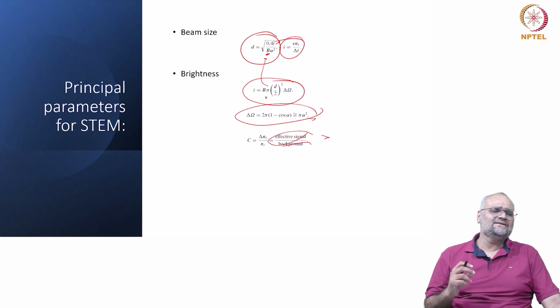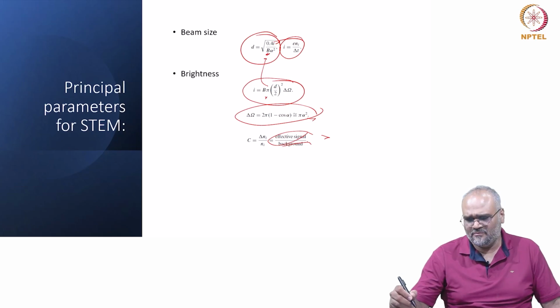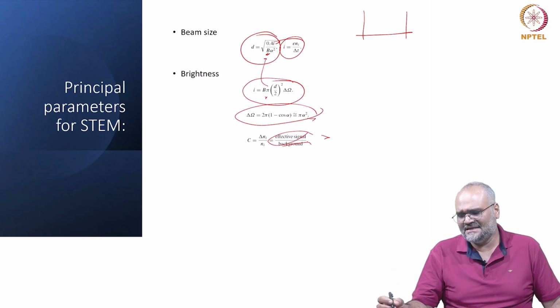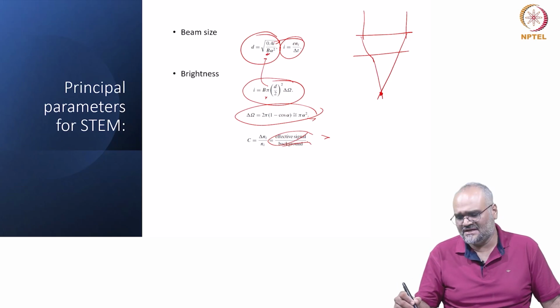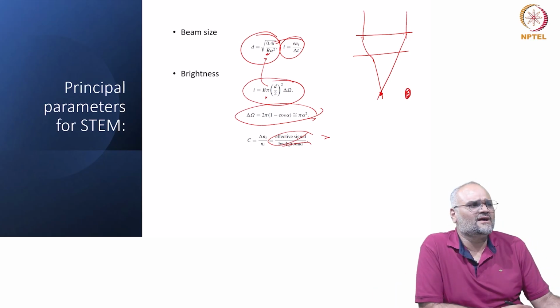So considering all the aberrations that you have, bear in mind, when I am forming a probe, in an ideal case, if I have the combination of condenser lenses which form a probe, they should all intersect at a point, but with the lens aberrations this would definitely not intersect at a point, and there will be some broadening of the beam.